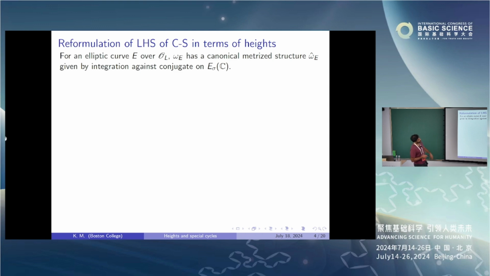You can give it a canonical metric at each place. Basically what you do is you use an embedding sigma to get a complex manifold, this Riemann surface, which is a torus, over the complex numbers. Then I have a holomorphic one-form, and I can integrate it against its conjugate, like dz bar, and that gives me a metric at each place.